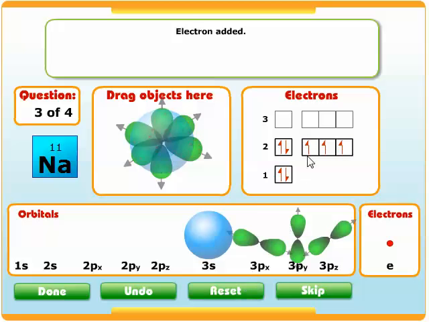So I went up, up, up. I had to put 1 electron in each orbital before I could double up. So now I can double up. Okay, so let's add it in the correct order. There we go, and down. So now I have 10 electrons that I've added.